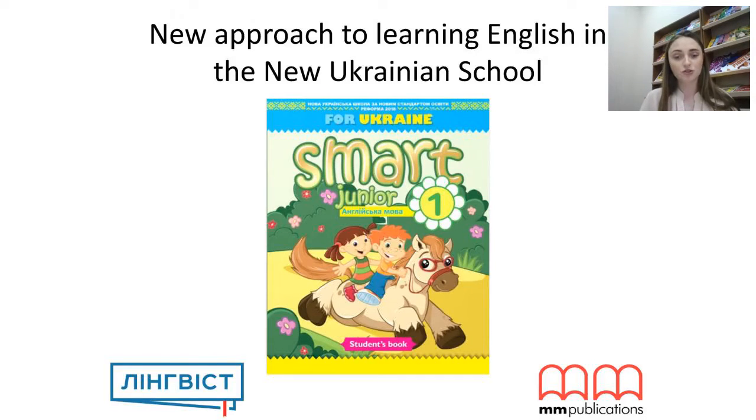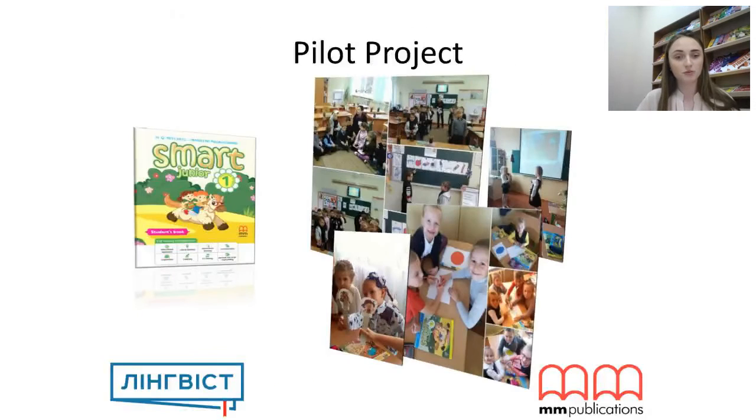Smart Junior takes part in a pilot project, and we provided 100 Ukrainian schools for free with this book, and we have received only positive feedback from our teachers and parents, and it seems that students and teachers are really enjoying their English lessons. You can see their happy faces, they are smiling, and they are eager to learn English.